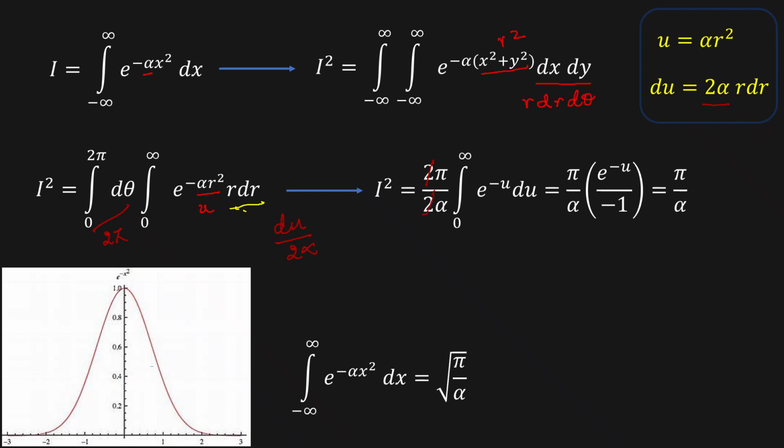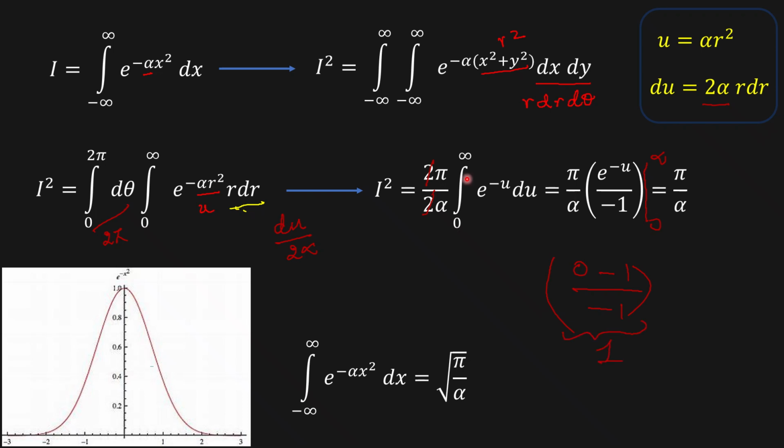So you will get pi over alpha, and the integral of this is equal to e power minus u over minus 1. That is, you have to apply the upper limit and lower limit. So for the upper limit, this is 0, and for the lower limit, this is minus 1 divided by minus 1. As done earlier, this will be equal to 1.